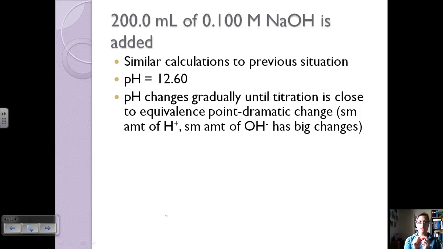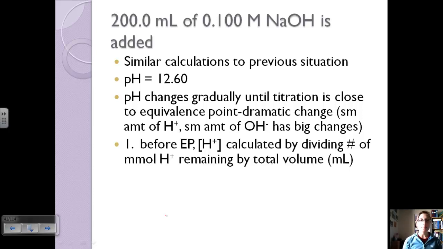And because we have a small amount of each, it's going to cause big changes. But when you have large quantities of one or the other, like a large quantity of H+, a small addition of OH- isn't going to change anything very much. And so that's why you're getting this big change at the equivalence point, or close to it.